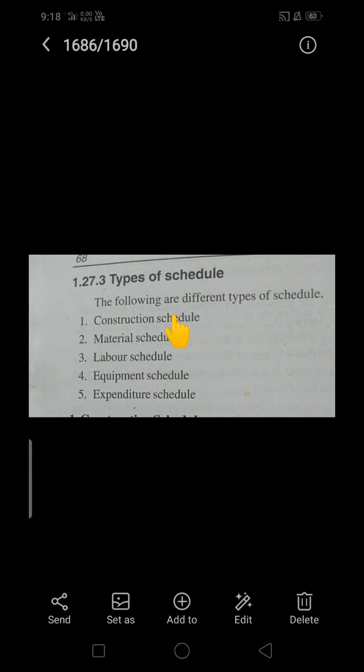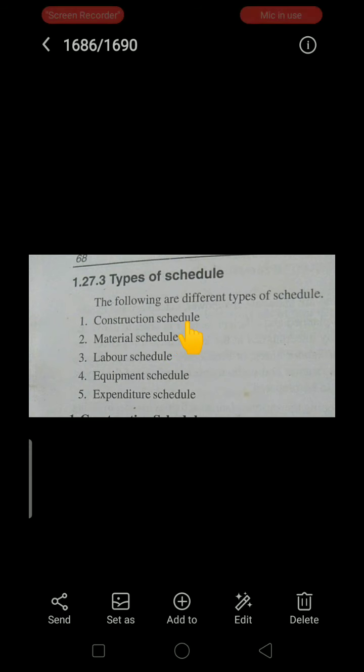The construction schedule includes the remaining four: material, labor, equipment and expenditure schedules. It gives the overall view of the project work: when we are going to start the project, how much manpower, how many materials and what equipment are required to complete the particular project. This is the overall scheduled date for a complete project, and it includes many activities or sub tasks.